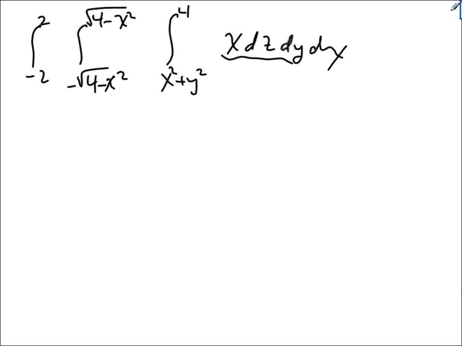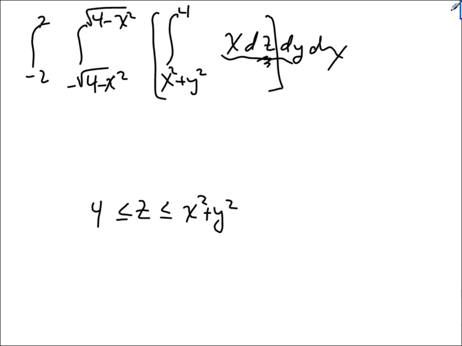Nothing at all. Now, the innermost integral is with respect to z. So z goes in between 4 and x squared plus y squared.